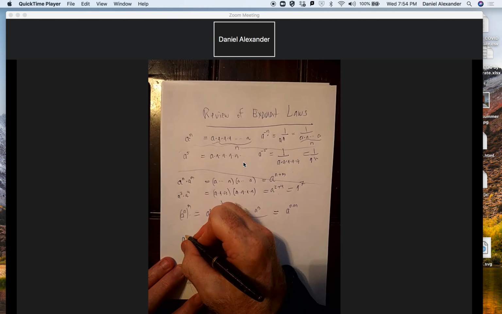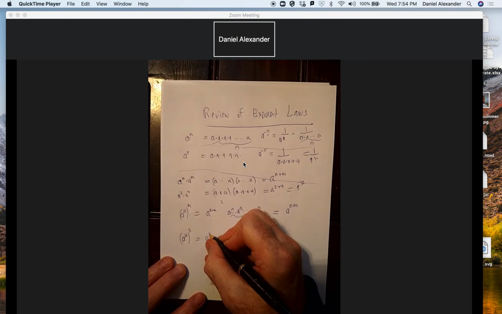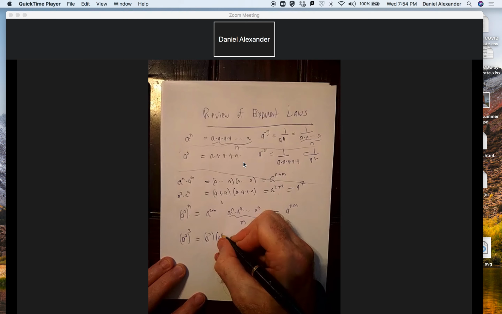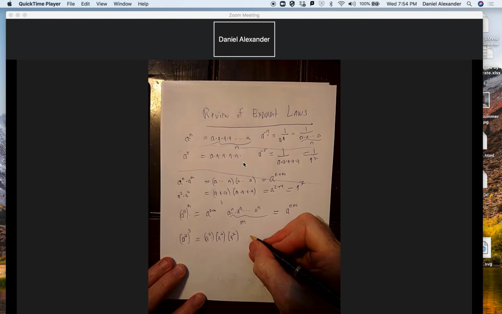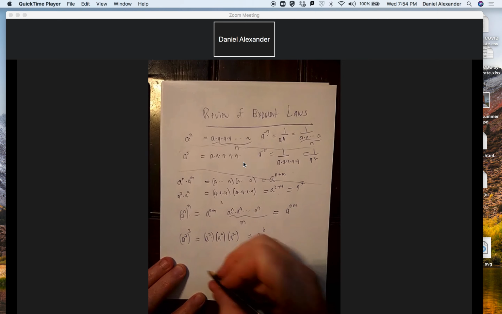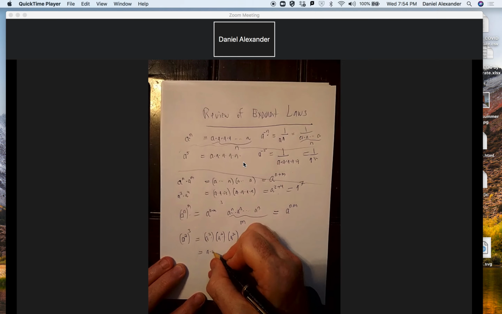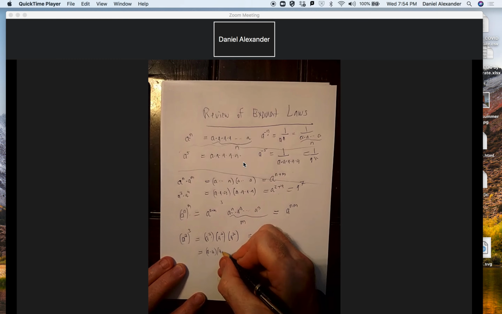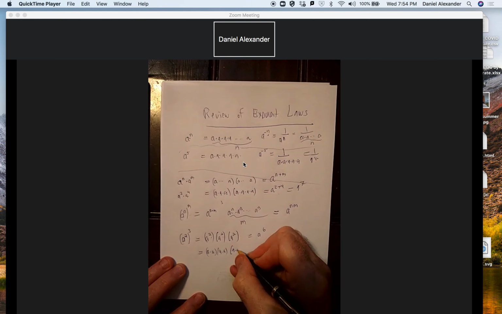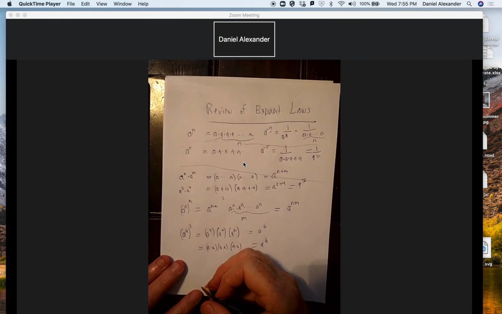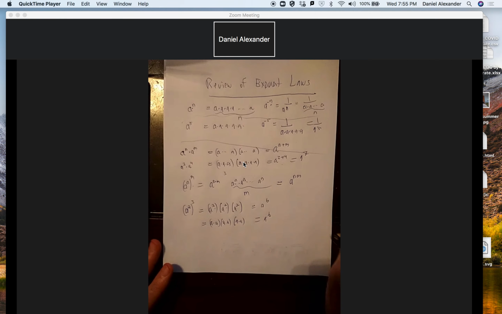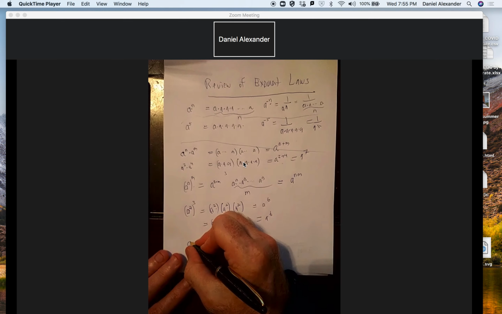Let's do an example, a squared, cubed. That's going to be 3 copies of a squared. So there's going to be 6 of those. So that's a to the 6. And if you want to see it worked out, it's a times a times a times a times a times a, which is a to the 6.